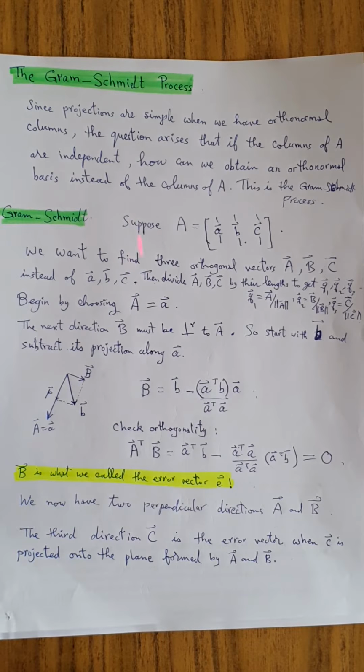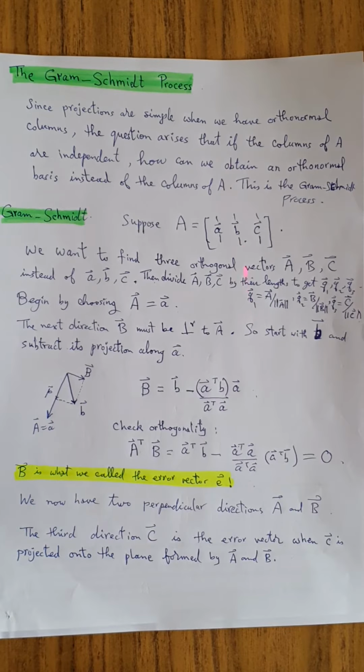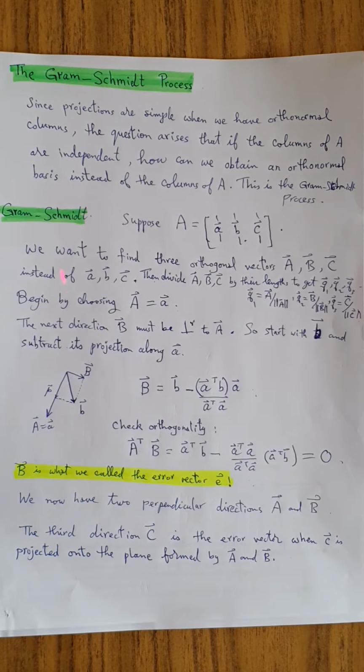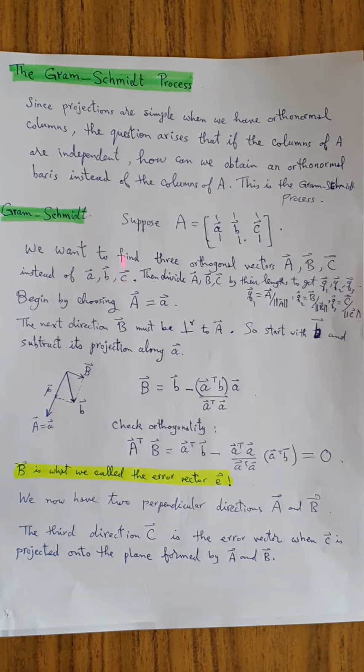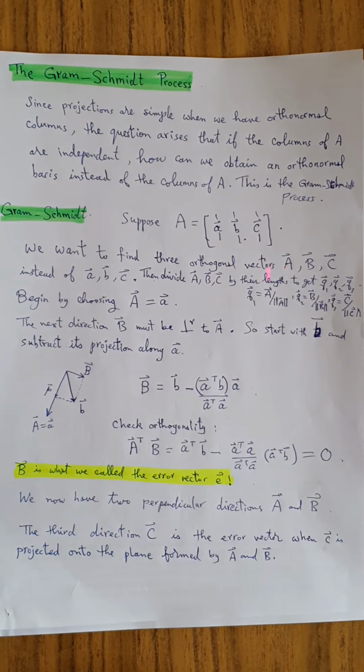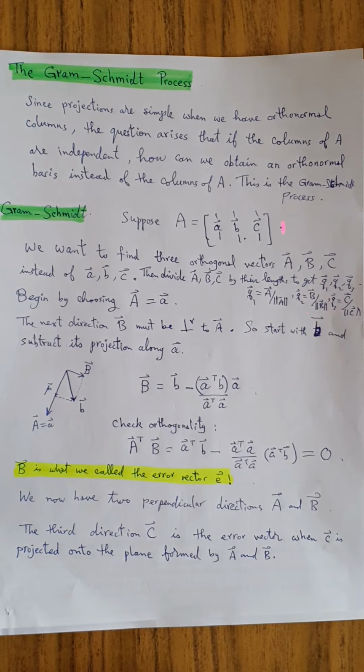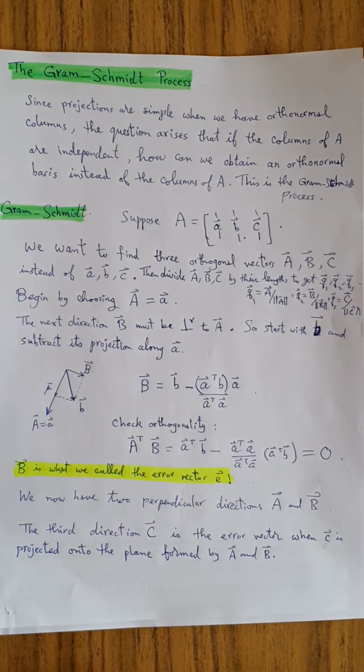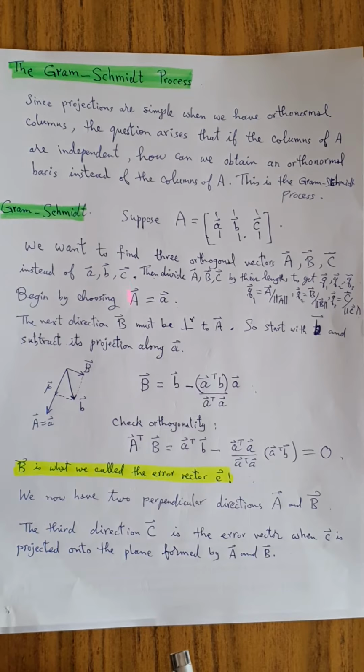Gram-Schmidt: suppose A is the vectors a, b, c. Okay. We want to find three orthogonal vectors, capital A, capital B, capital C, instead of a, b, c.